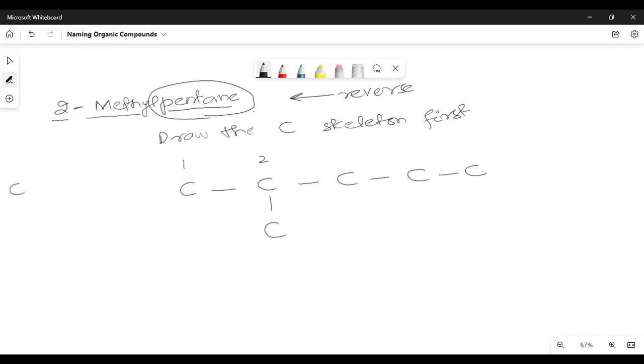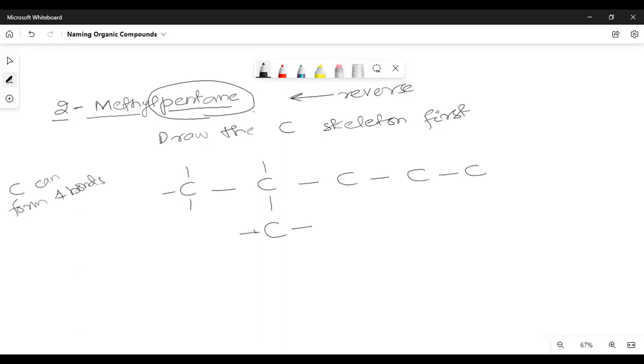Remember, carbon can form 4 bonds, right? So since every carbon can form 4 bonds, I suggest to my students to draw the bonds like these. This carbon can form 4 bonds, 1, 2, 3, 4. This carbon, 1, 2, 3, 4.